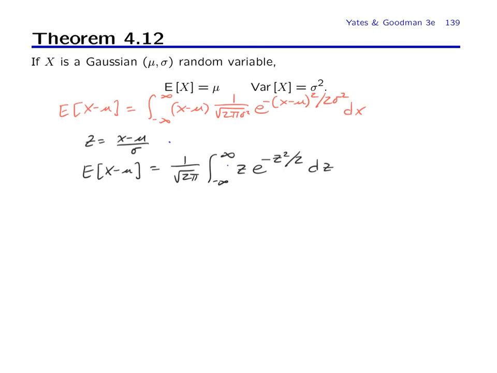You can in fact solve this integral because z here is the derivative of the z squared in the exponent. But in fact, you don't even need to do that step.